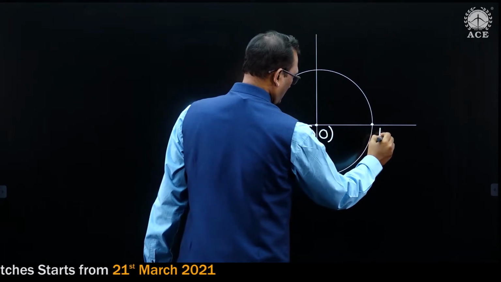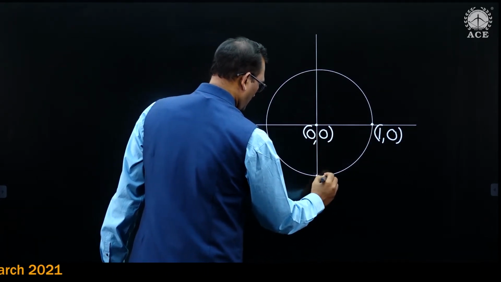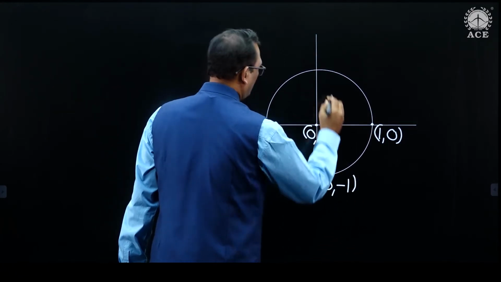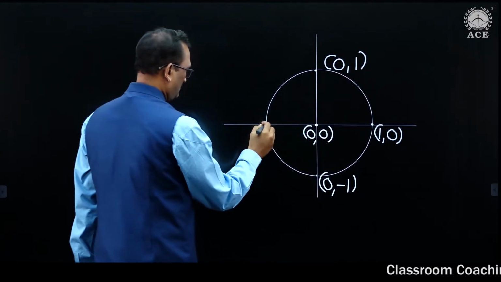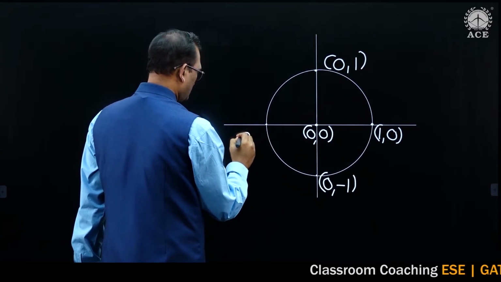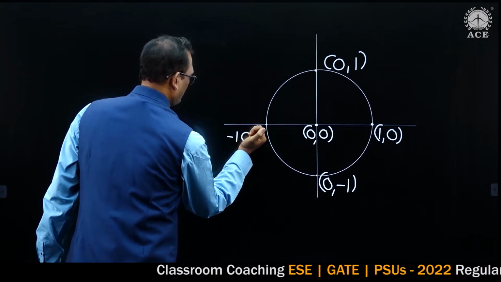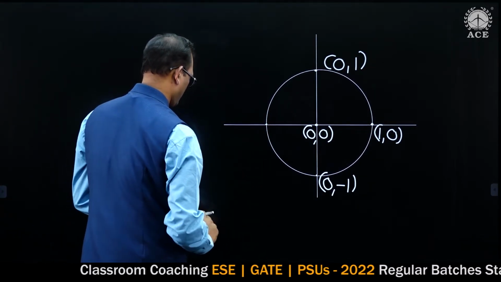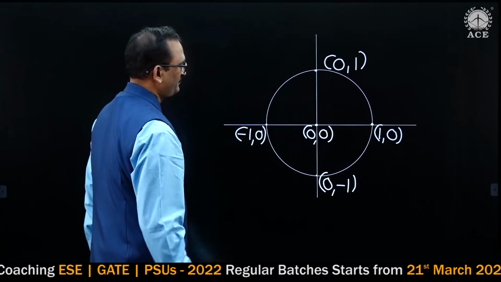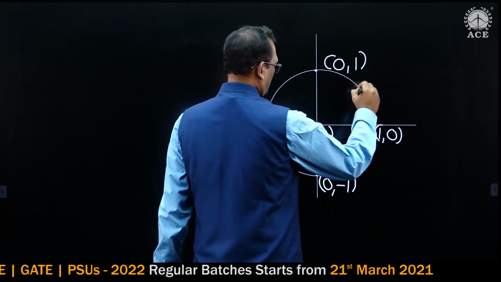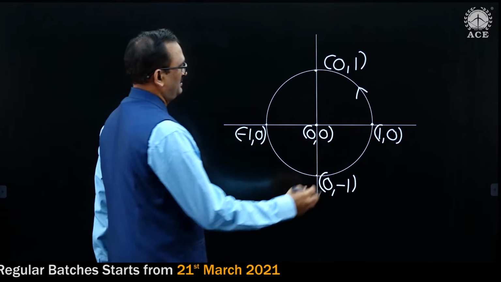If radius is 1, it should be 1 comma 0, 0 comma minus 1, 0 comma 1, minus 1 comma 0. Positive direction means anti-clockwise direction.